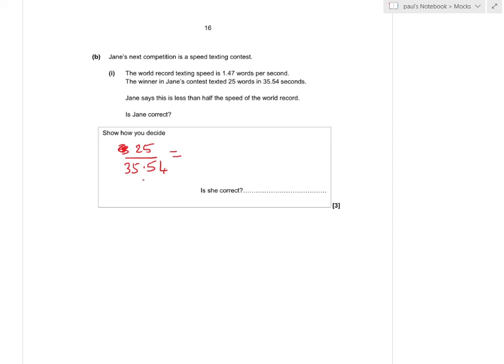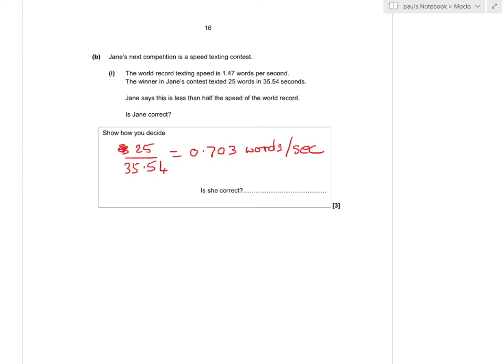25 words divided by 35.54 seconds tells me that we can do 0.703 words per second. Now, the world record is, Jane says, this is less than half the speed of the world record.